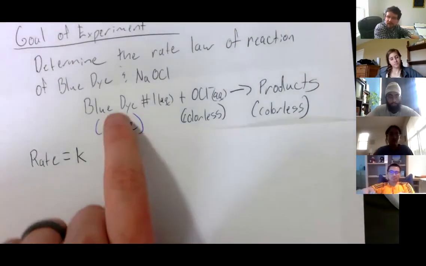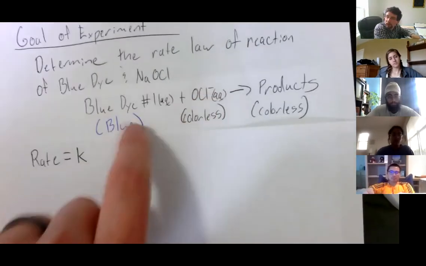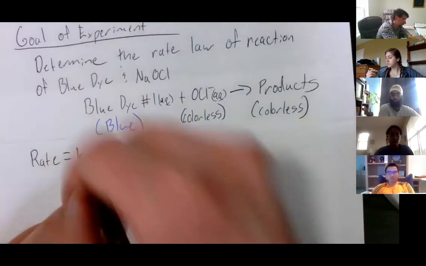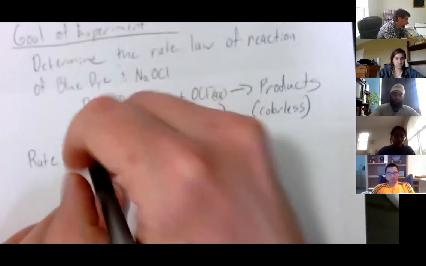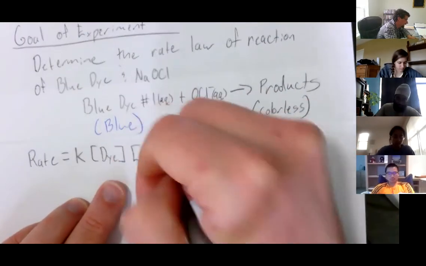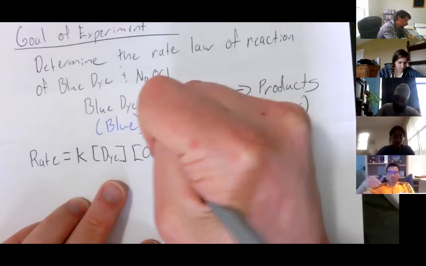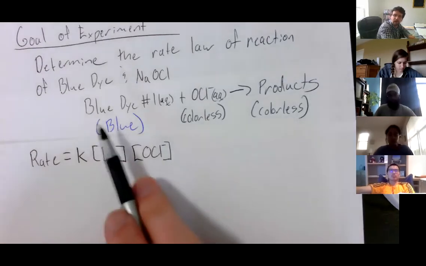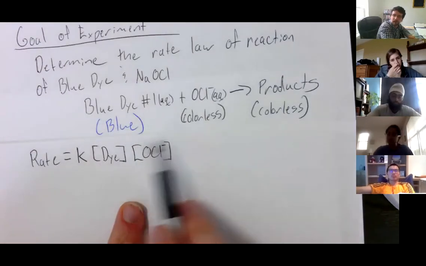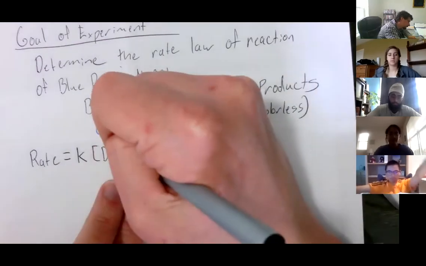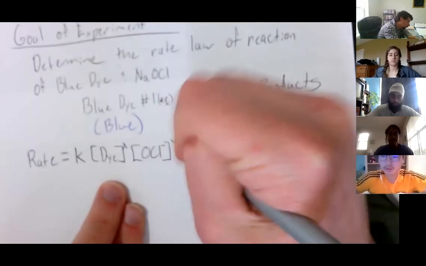And we only care about the concentration of our reactants. That's what determines the speed of a reaction. We're going to have dye, and we're going to have OCl minus. We're also forgetting one thing here. What do we need up here and up here? Coefficients. Yep, coefficients. We're going to have X and we're going to have Y.